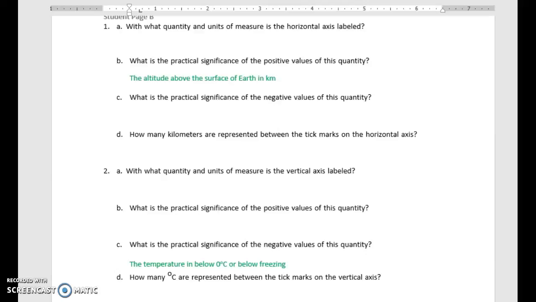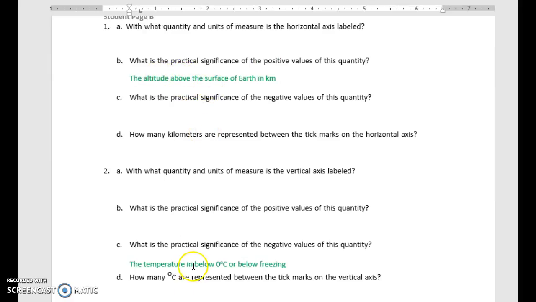On the second page, just to clarify, remember when we define our variables, we need to define them completely. The input axis is labeled as the altitude above the surface of the Earth. So if we have a positive value, the practical significance would be the altitude above the surface of the Earth.